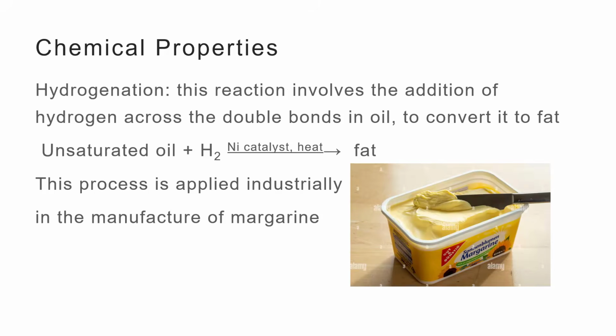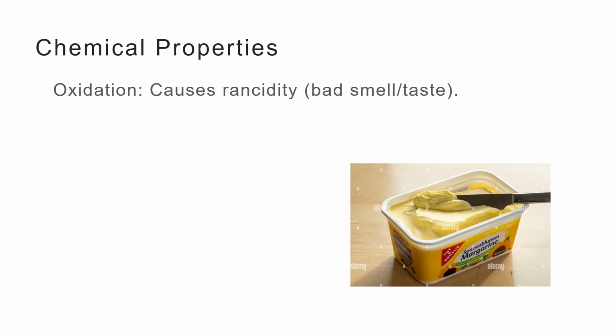It will now be fortified with some other nutrients, a little salt, a little this, a little that. But basically, margarine is manufactured by hydrogenation of oil. It is the hydrogenation of oil that hardens the vegetable oil to form the fatty substance that we eat as margarine. I hope that is clear.